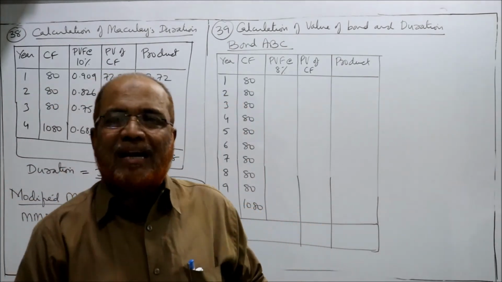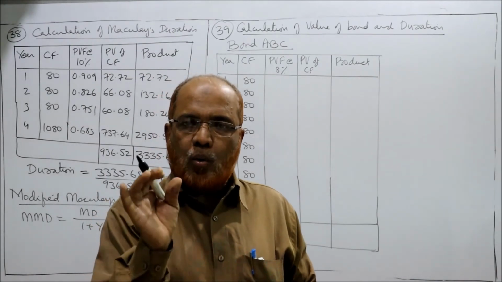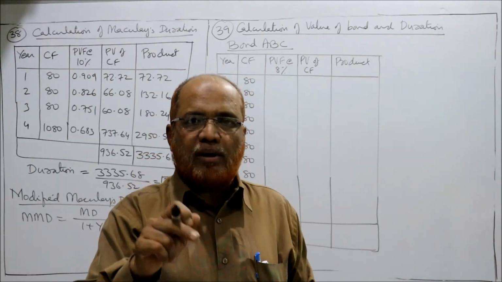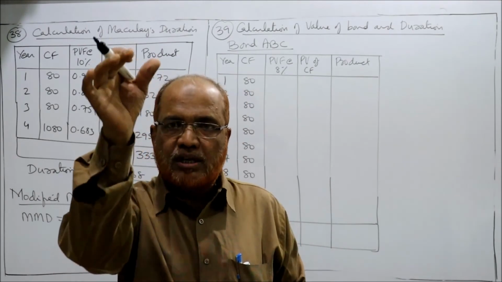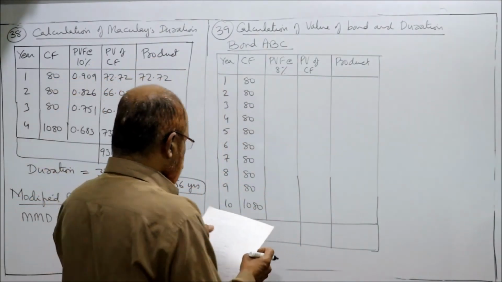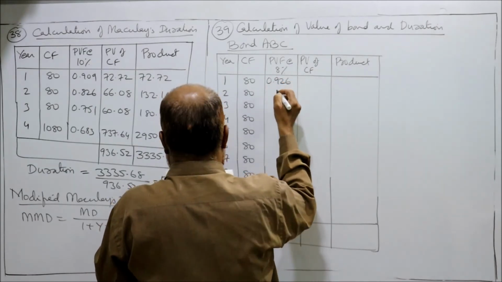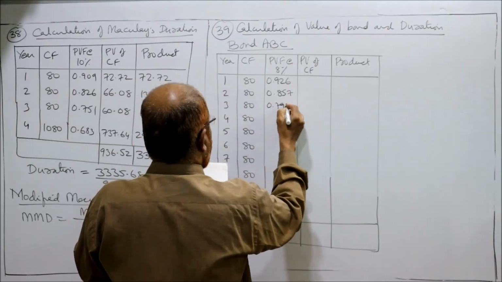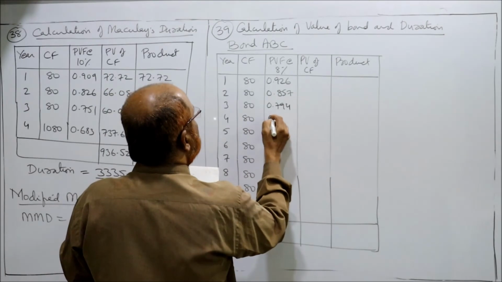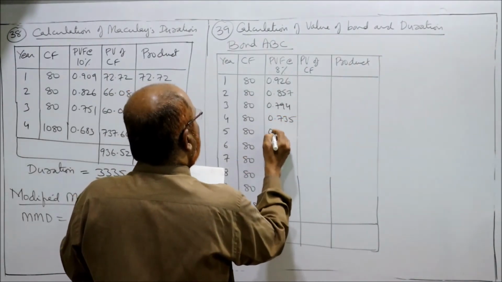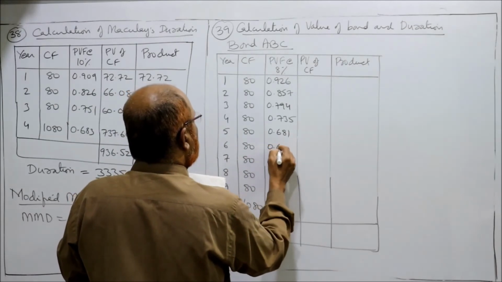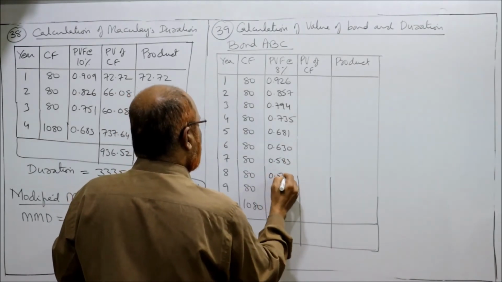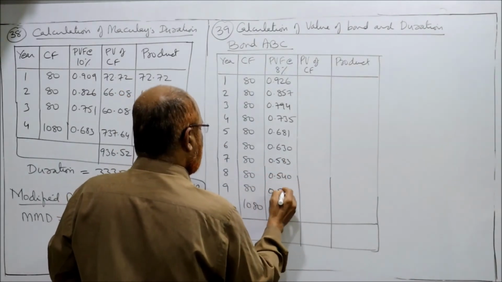It's very easy: 1 divided by 1.08 gives the first year, then the second, third, fourth, like that you have to go up to 10 years. 0.926, 0.857, 0.794, 0.735, 0.681, 0.630, 0.583, 0.540, 0.500.